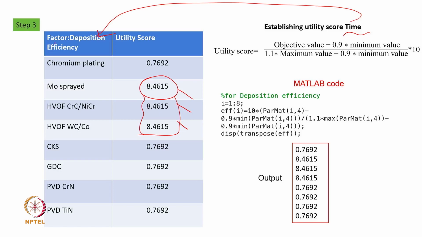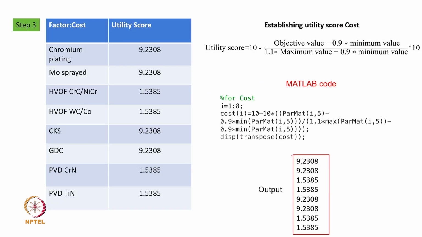In this case, we are trying to go ahead with a high deposition efficiency. Do not get confused: many times we want minimum time, and if we had said minimum time, we would have subtracted from 10, but in this case we want maximum efficiency, so we are not subtracting from 10. Here you can see huge variation in the values.